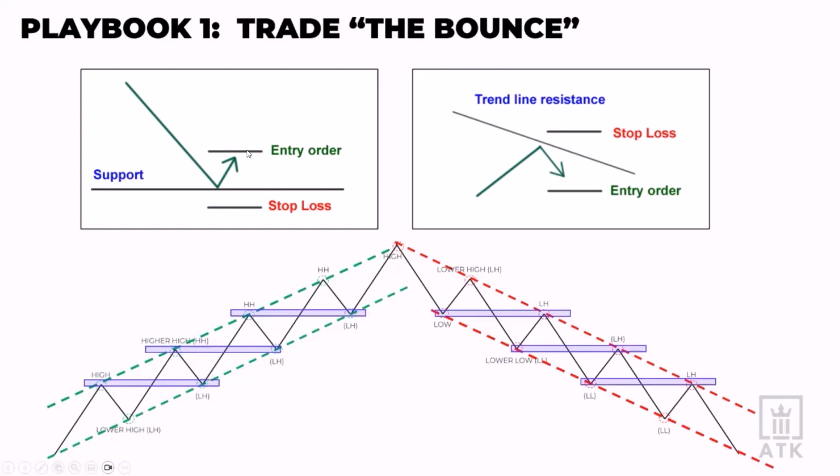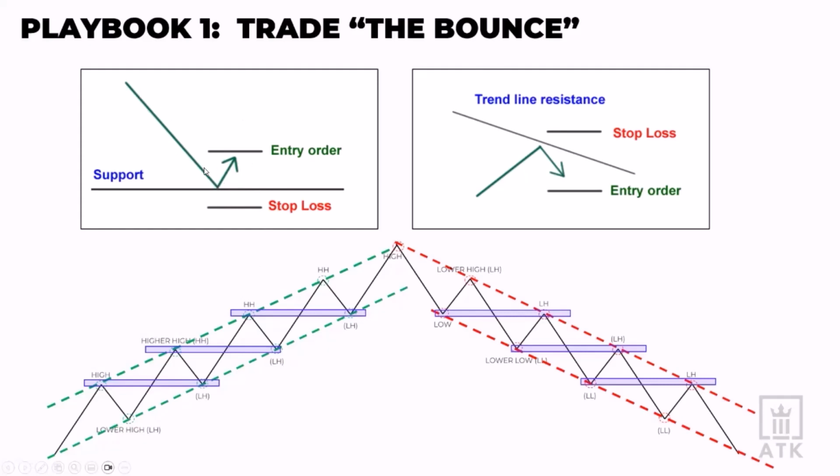So we can enter an order here, and then we can enter what we call a stop loss, which means that if price comes past the lower high, then we can stop the order, or take ourselves out of an order and control the amount of loss. And we set that below the peak because we believe that it's going higher, so it shouldn't come lower than this peak. So we'll put a stop loss there and enter an order on support.